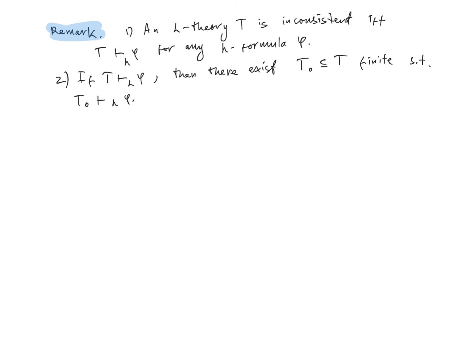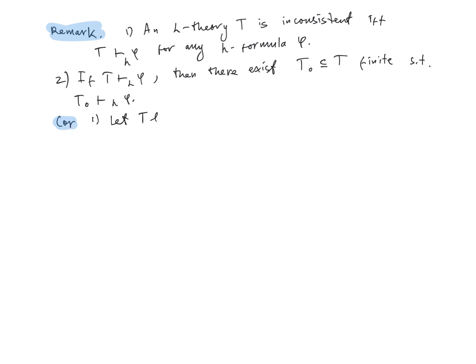So the second part of this claim is obvious, simply because by the definition of a formal proof, there can be only finitely many sentences from T appearing in it, and so we can take T0 just to be the collection of all of those finitely many sentences. And the first part, that an inconsistent theory proves anything, we will leave as an exercise. Now this remark has the following immediate corollary. 1.